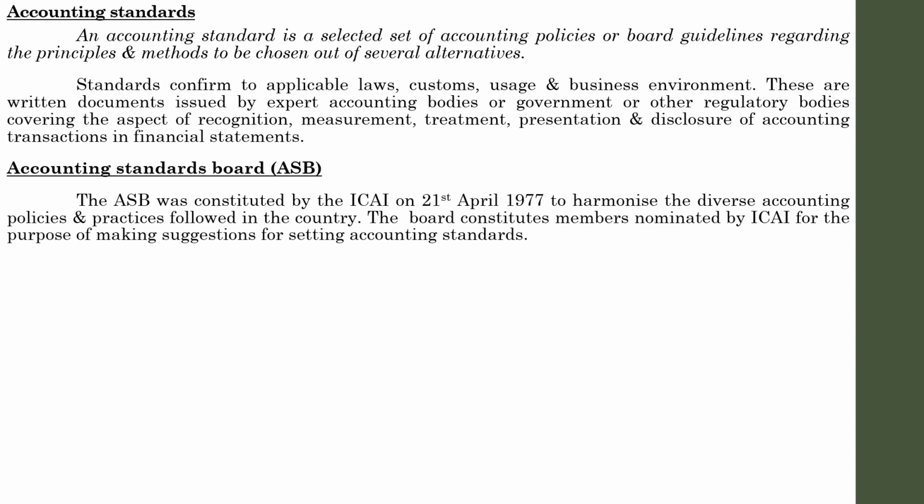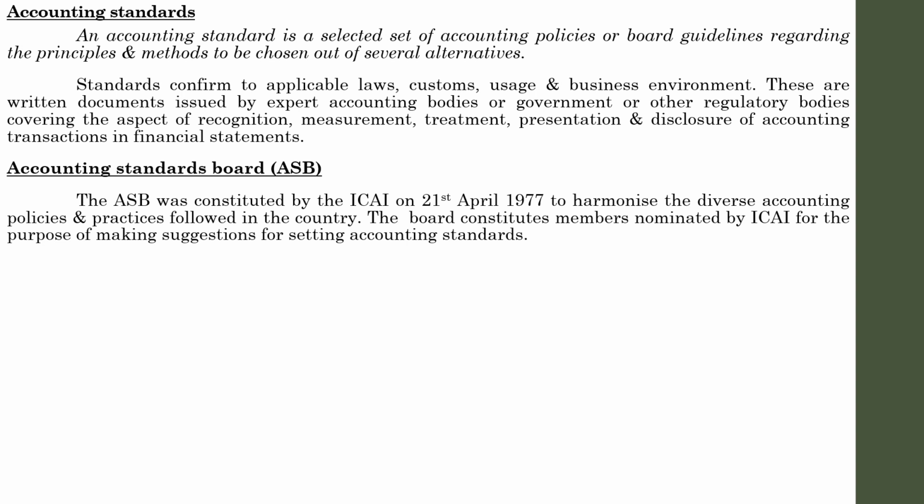Because one of the main purposes of financial reporting is communicating to external users, and such information should have uniformity. In order to bring uniformity, there should be standards. So such a standard should be prepared according to the conditions of our country as well as the conditions prevailing internationally.